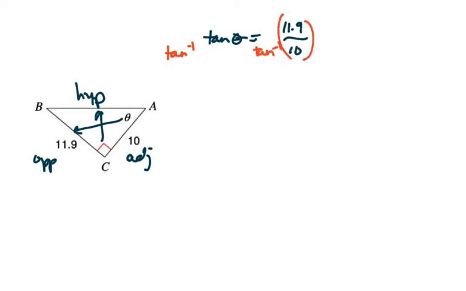So then on the calculator, we do 11.9 divided by 10, and tan negative 1. This one looks like it's going to round to 50. 49.95 rounds up to 50 if we were going to 1 decimal place.